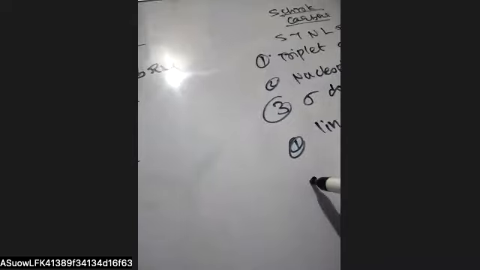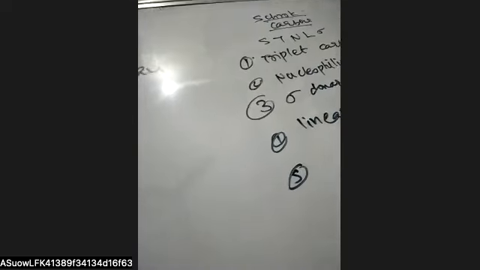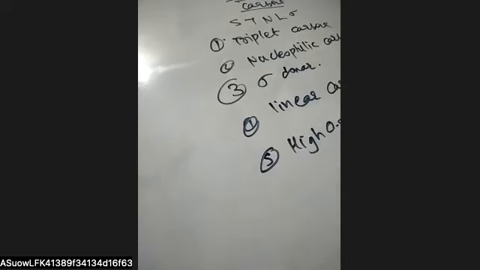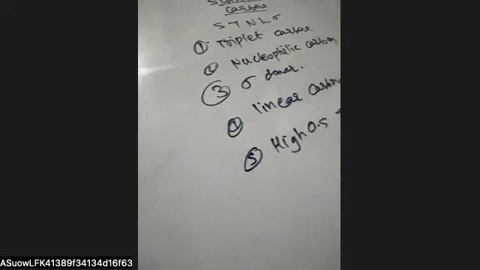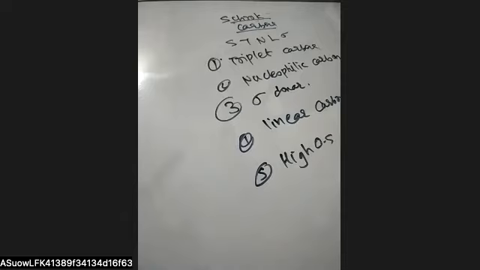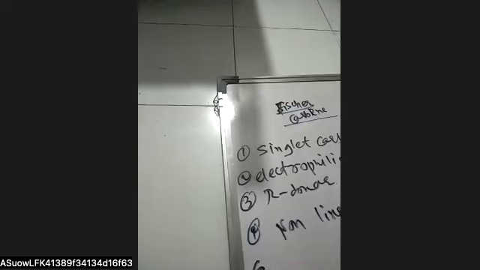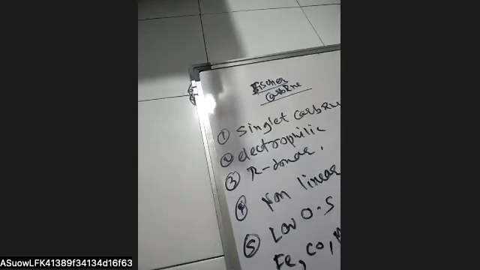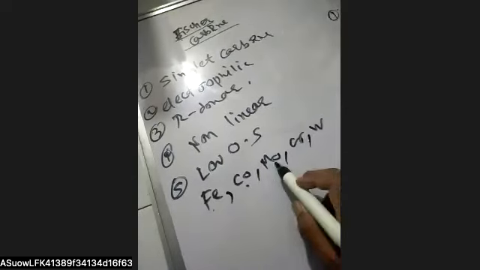In case of the Schrock carbene, the metals used are in a high oxidation state, for example tantalum. In case of the Fischer carbene, we use metals which are in a low oxidation state, for example iron, cobalt, molybdenum, chromium, and tungsten.